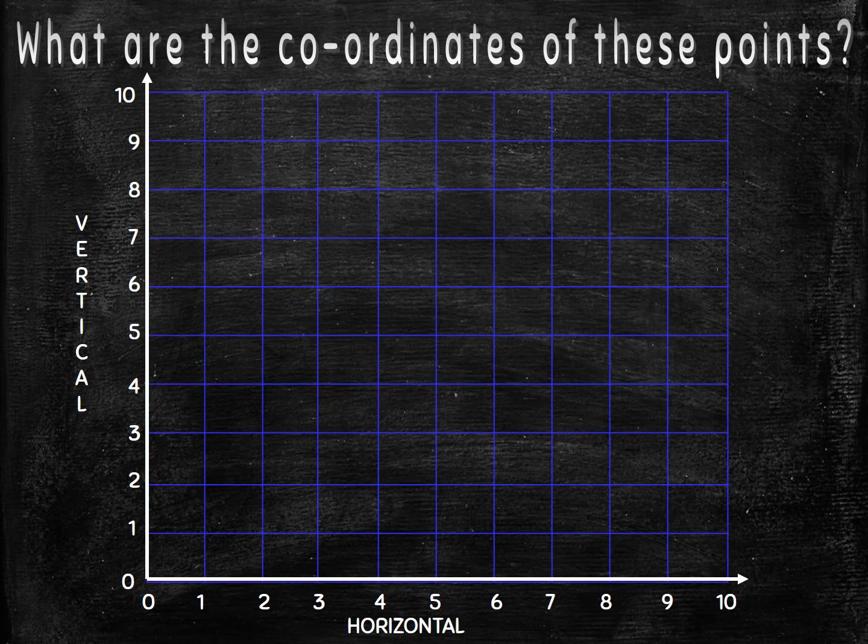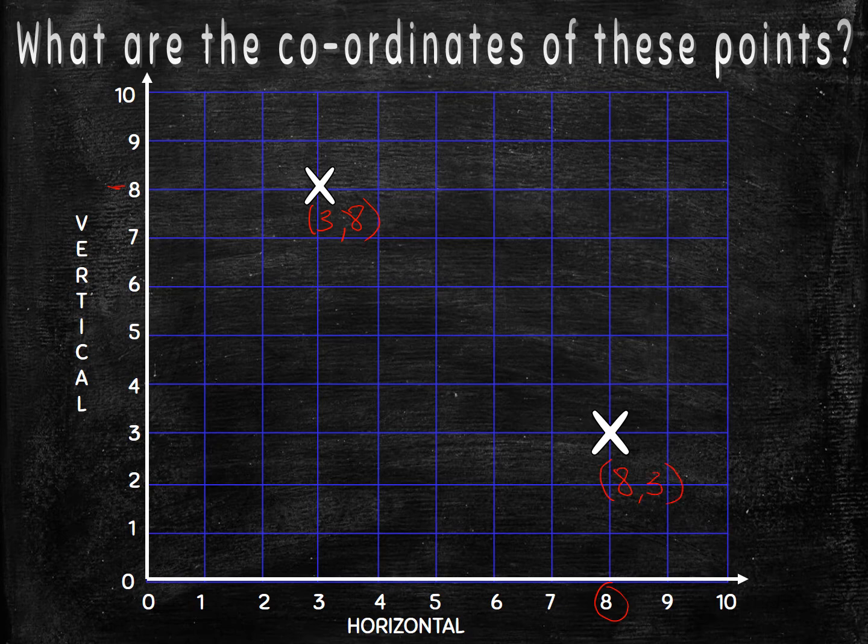So we're going to look at the coordinates of some of these points. Okay, so this point here, we've gone across to 3, and our vertical here is 8, so the point is (3, 8). Our next point here, we've gone across to 8, and we've gone up to 3, so our point is (8, 3).